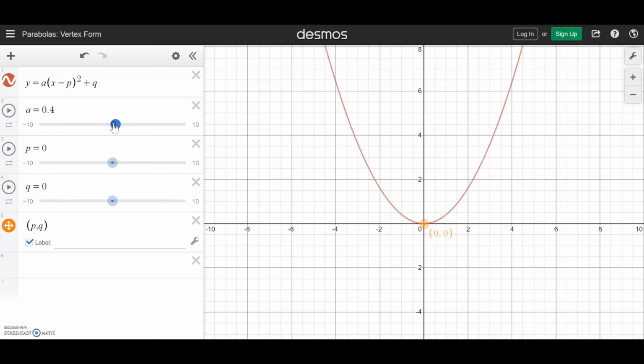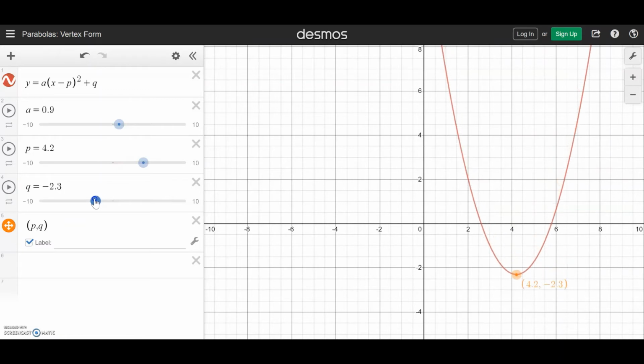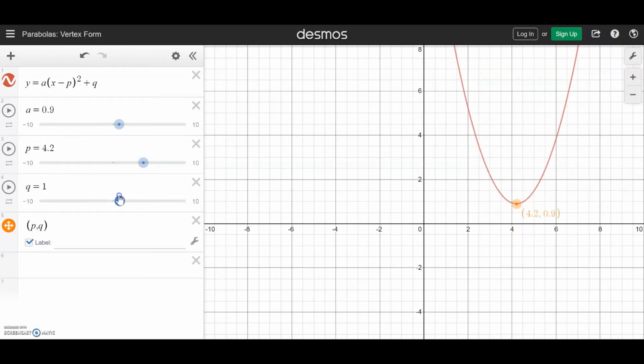The other thing we can vary is the p and q values, which change our vertex. As I change p to be a positive value, it moves my vertex to the right along the x-axis, and if I change q to be positive or negative, it shifts the vertex vertically.